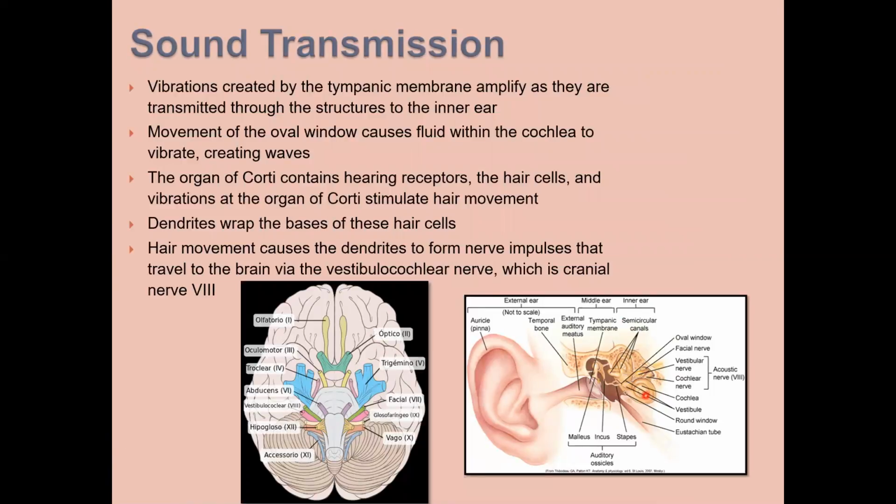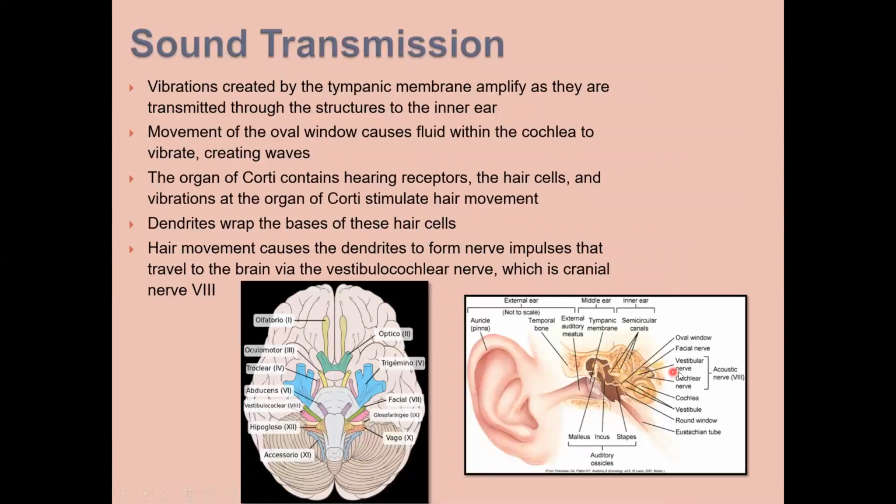The dendrites wrap the bases of these cells, and the hair movement causes the dendrites to form nerve impulses that travel then to the brain via the vestibulocochlear nerve, which is cranial nerve number 8.